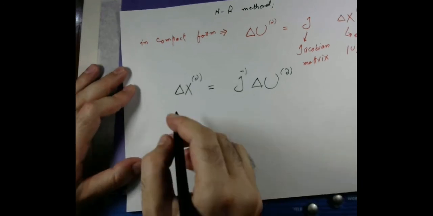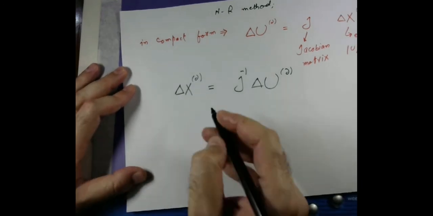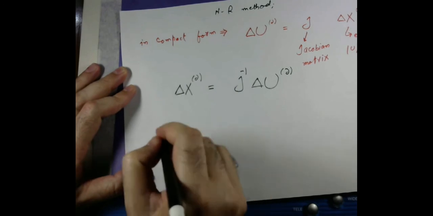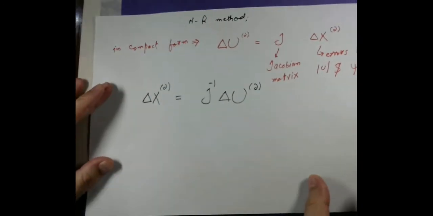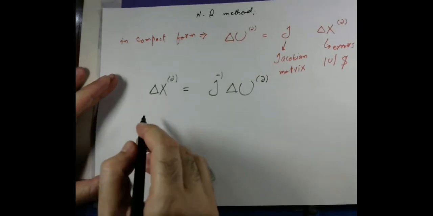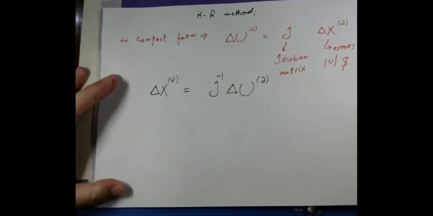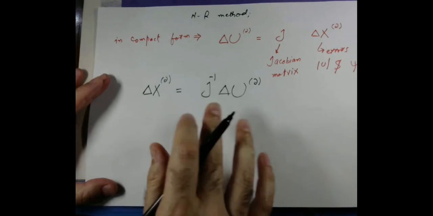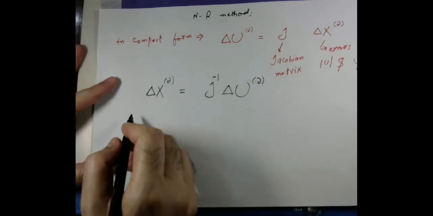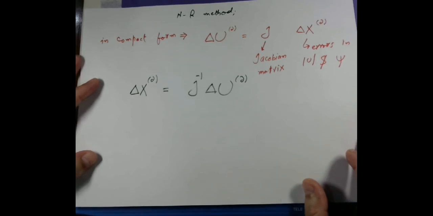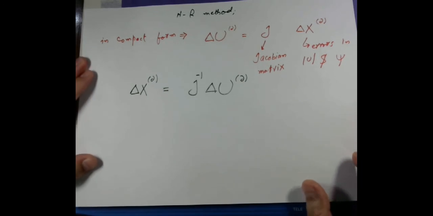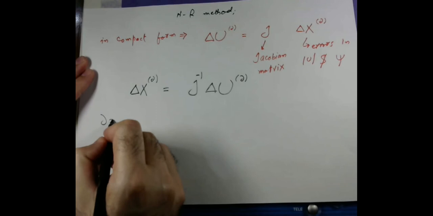Now, as we know, in a power flow problem we make an initial guess, and for the initial guess rho will be equal to 0.